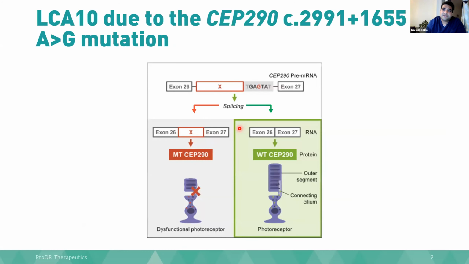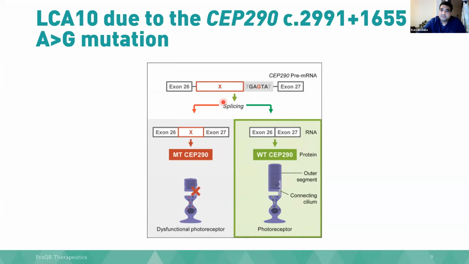I would like to spend a few minutes on this LCA10 example, because I will show some more data in the next slide. Here is a schematic of disease pathophysiology, and the CEP290 pre-mRNA sequence is depicted here. The base G, highlighted in red, is the 2991 mutation. As a result of this deep intronic mutation, a small part of the intron highlighted in this red box is recognized as an exon.